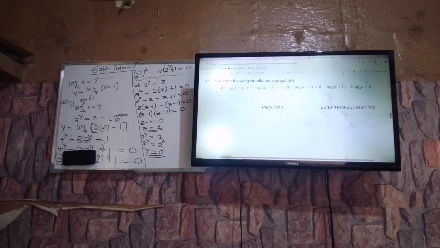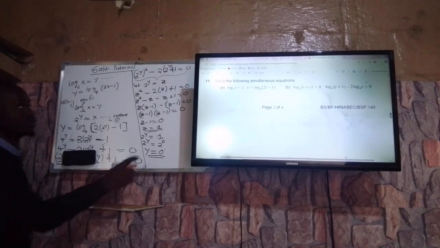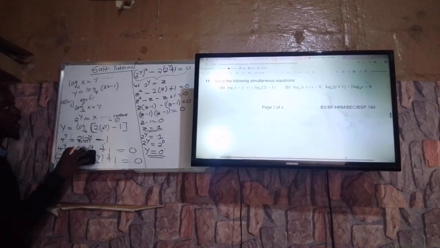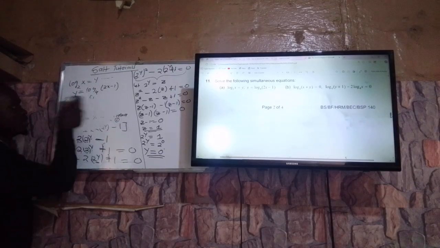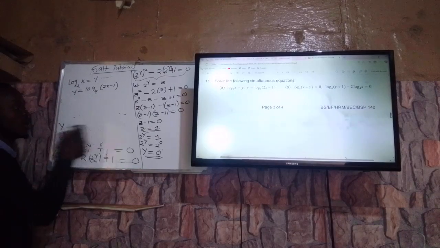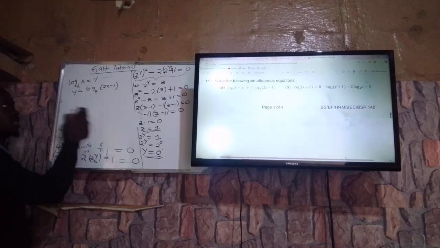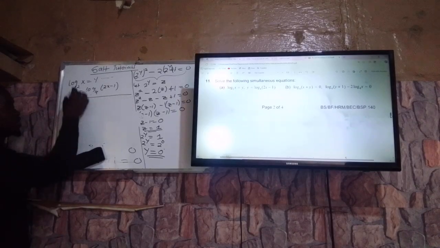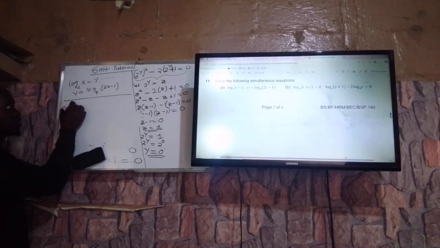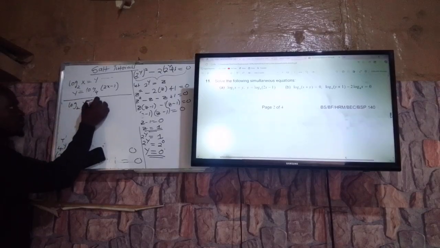Now, since we have found the first variable, y equal to 0, let's find the second variable. You can use any of the two equations to find x. So let me delete this part. Since we now have y, let's find x. If I use the first one, I have log base 2 of x equal to y.